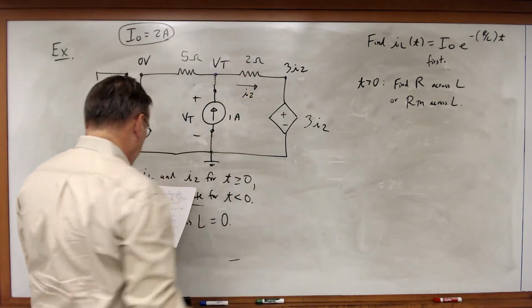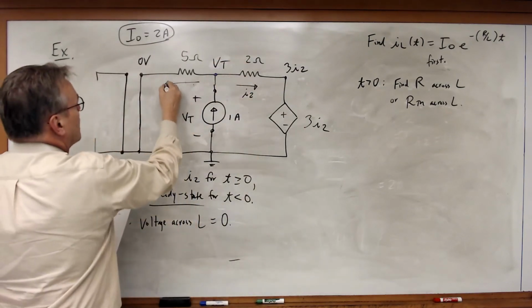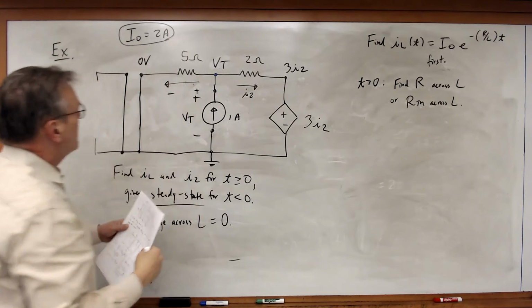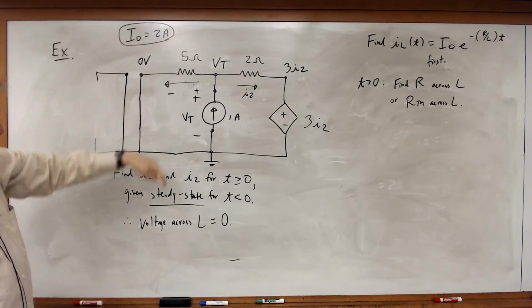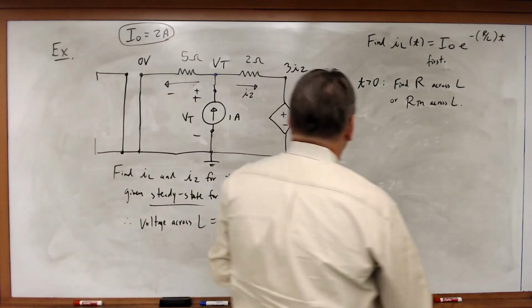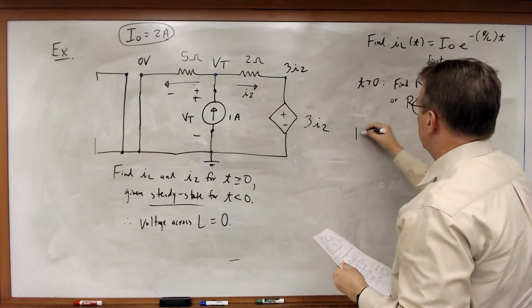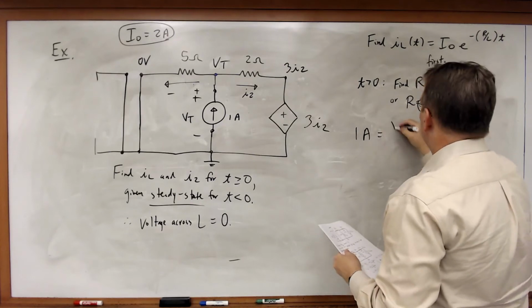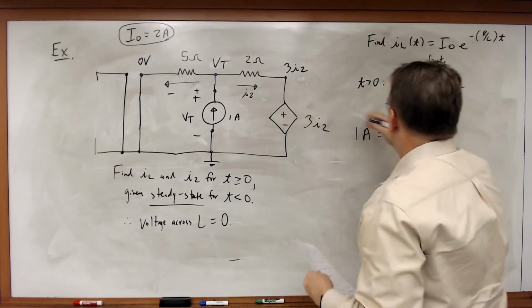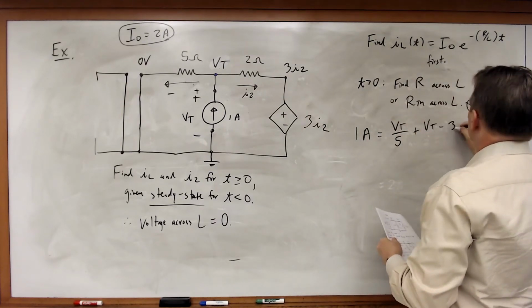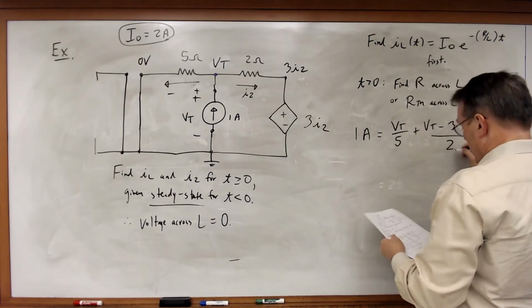So what's VT here? I'll define a current. I note that I've got 0 volts because this is all ground going around here. And so therefore, 1 amp going in must be equal to VT over 5 plus VT minus 3I2 divided by 2.